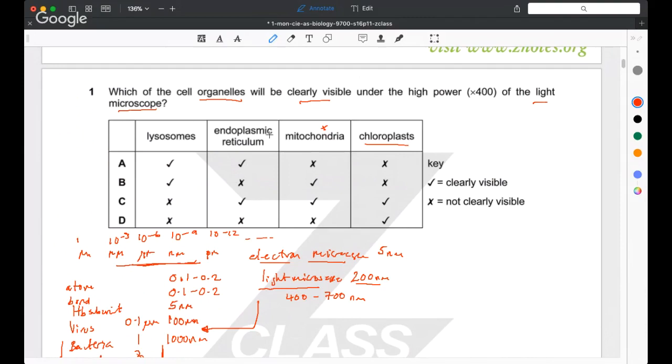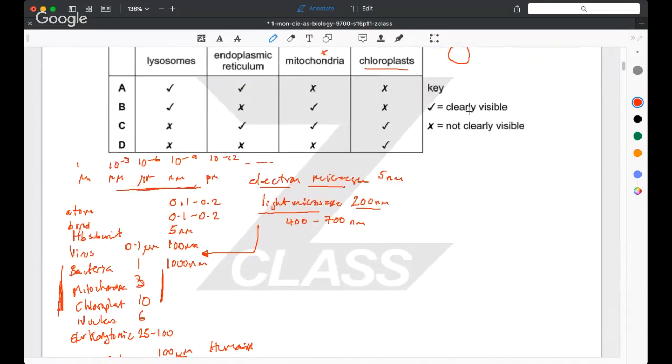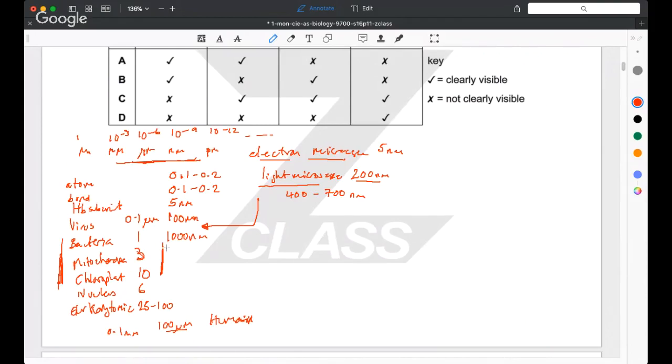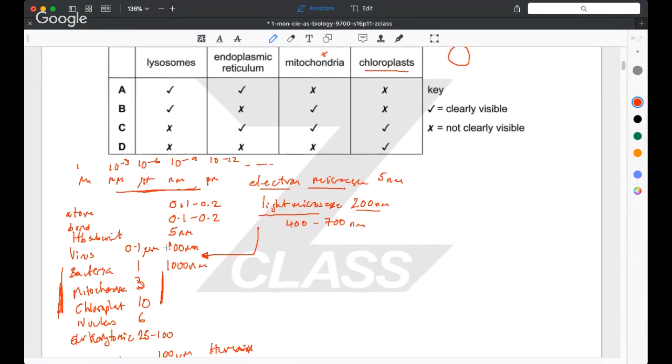And for the endoplasmic reticulum, the ER, that is part of the outer membrane of the nucleus there. So it's going to be much smaller than the nucleus. And the nucleus, again, is something which we can pick out with a light microscope, but we can't get very much resolution about the fine structure of it.